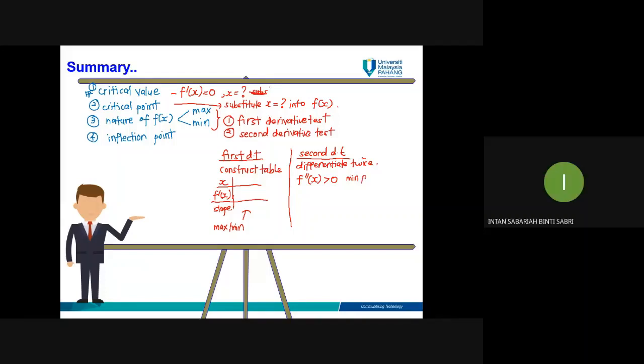This is what we call concave. When f double prime x is less than 0, it is a maximum point. This is convex. For concave and convex, you just remember one of them. If it is not concave, of course it is convex.